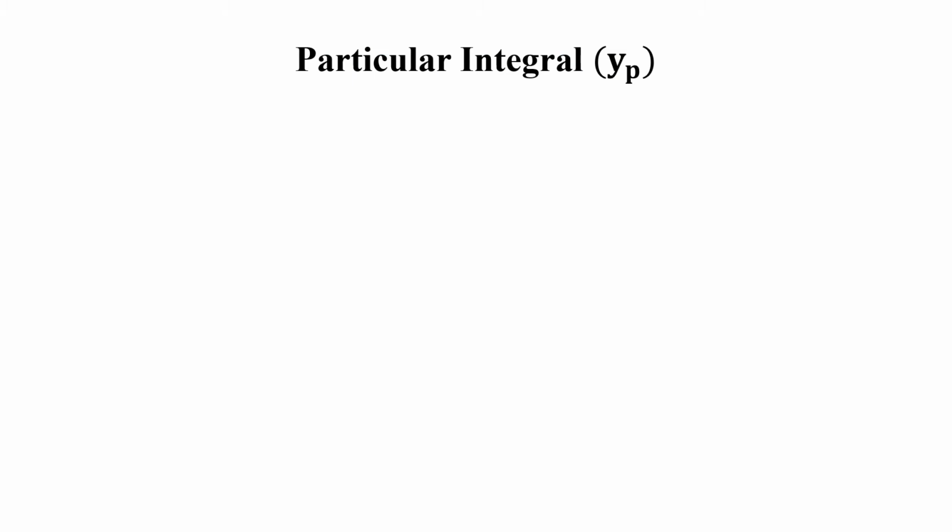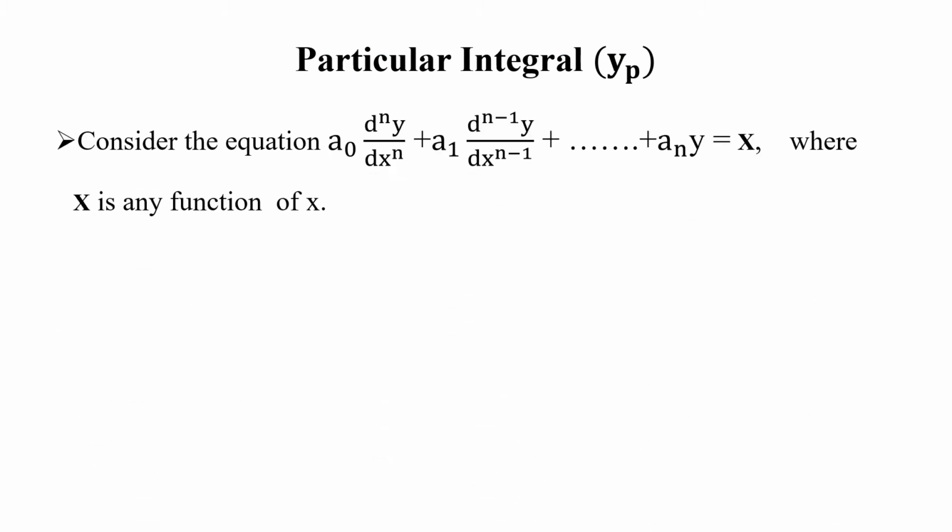To find the particular integral yp, consider the equation a0 d^n y/dx^n + a1 d^(n-1) y/dx^(n-1) + etc. + an y = X, where capital X is any function of the variable small x.